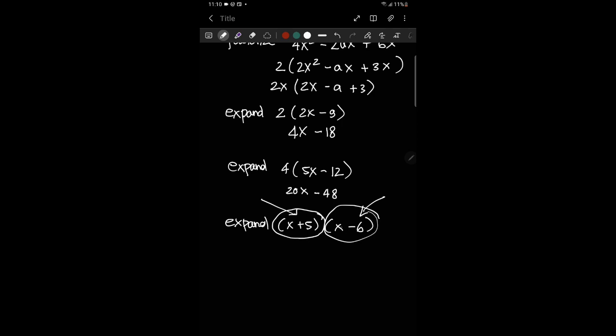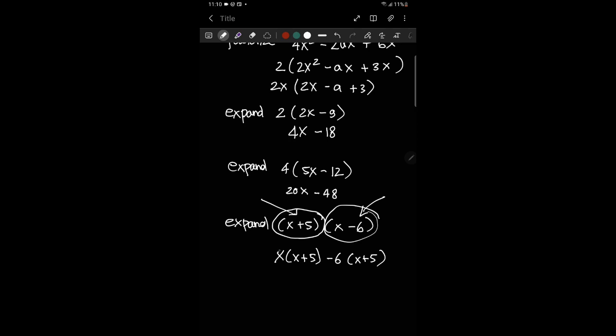So if I ask you to expand, I need to give the x plus 5 back to the x and the negative 6, right? So how to do that? Okay, it means for the x, I will multiply it with x plus 5, right? And then negative 6, I also multiply it with x plus 5. I return the factor to the expression.